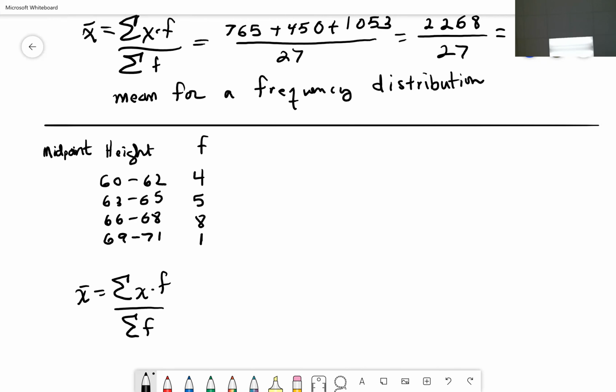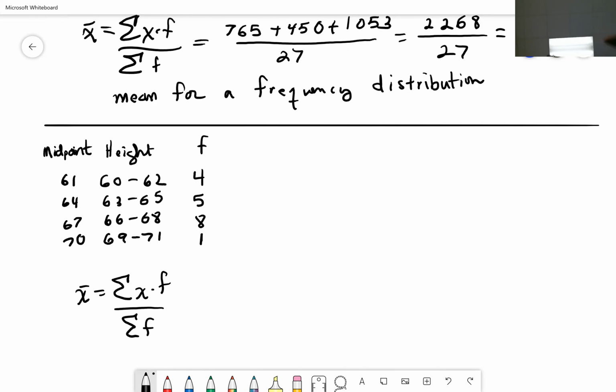So 60 plus 62, get that answer, and divided by 2, you get 61. 63 plus 65 divided by 2. You add the lower class and the upper class, get that number, then divide that number by 2.